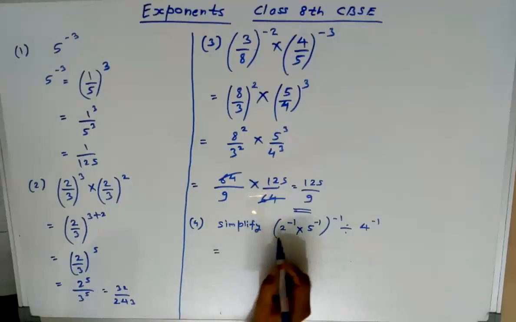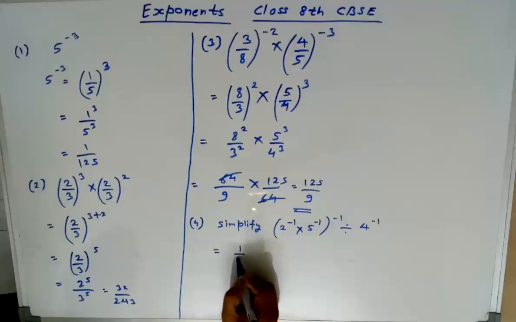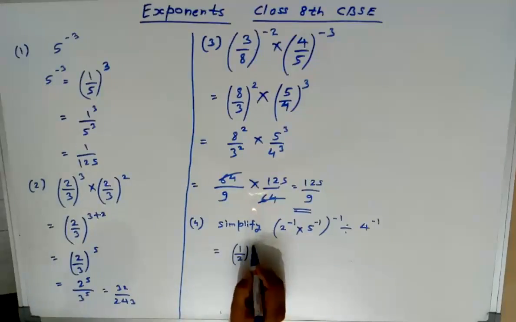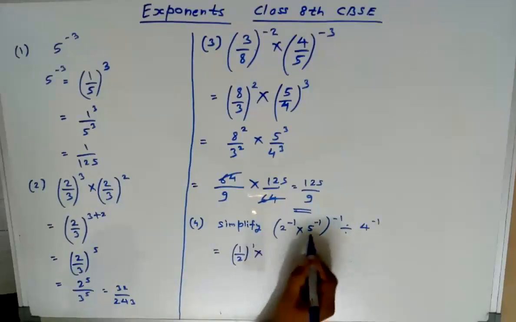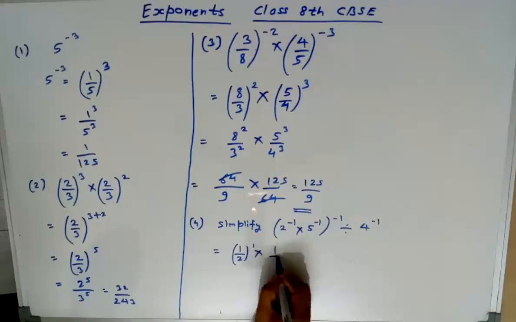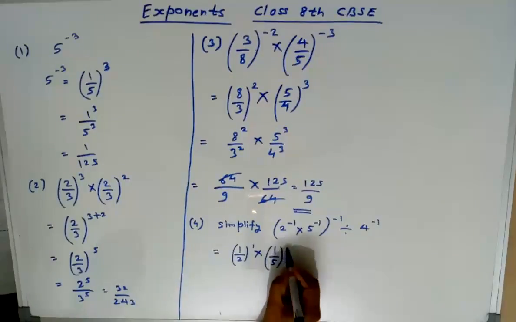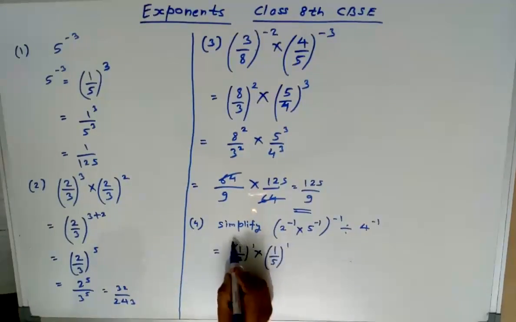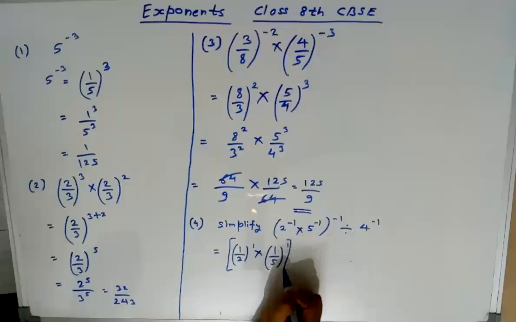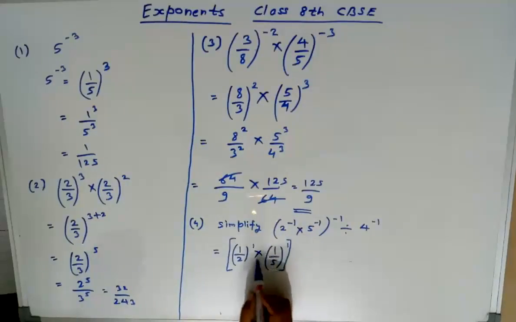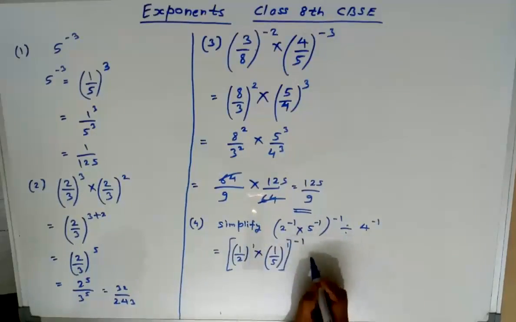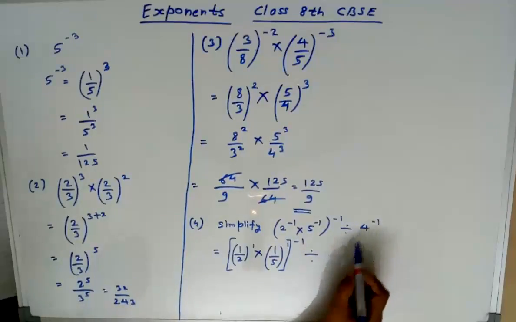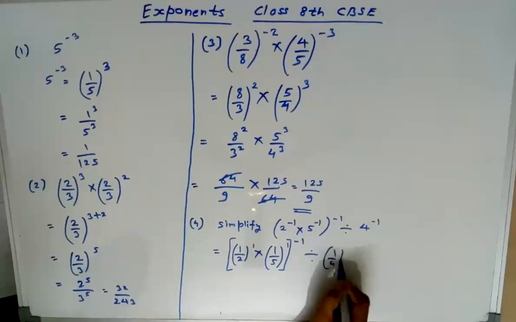So let us start solving this. 2 raised to the power minus 1 we can write as 1 upon 2, and the power will become positive. Into 5 raised to the power minus 1, we will write as 1 upon 5 raised to the power 1. And now this rational number has whole power of minus 1, divided by 4 raised to the power minus 1, which means 1 upon 4 raised to the power 1.